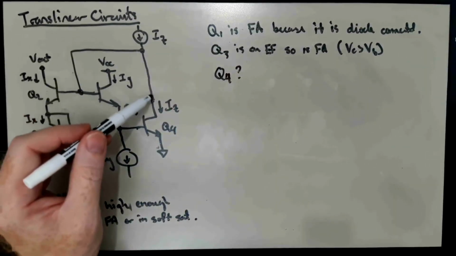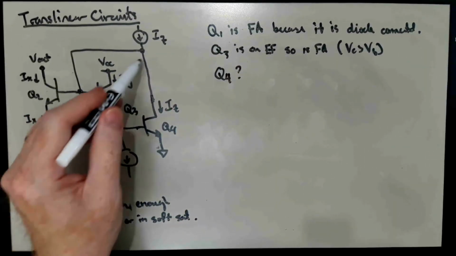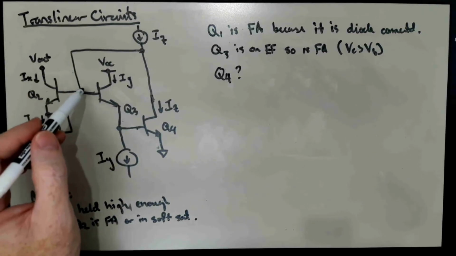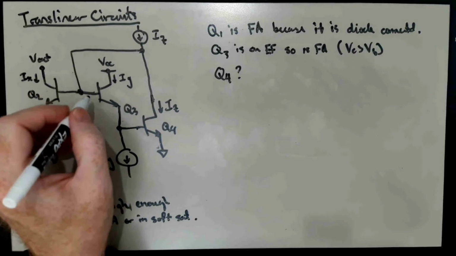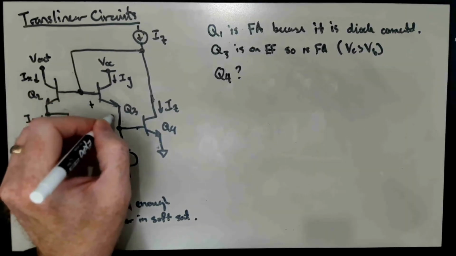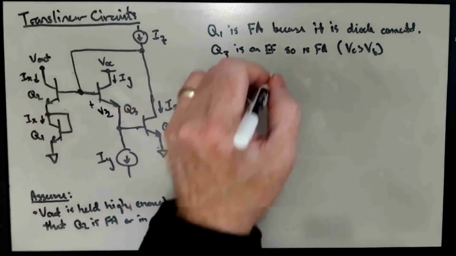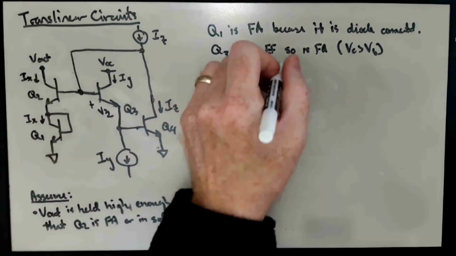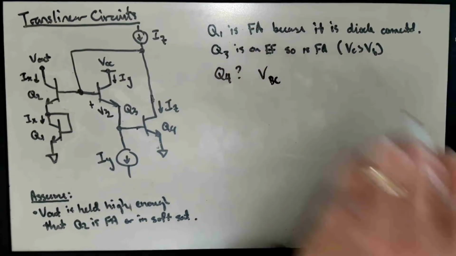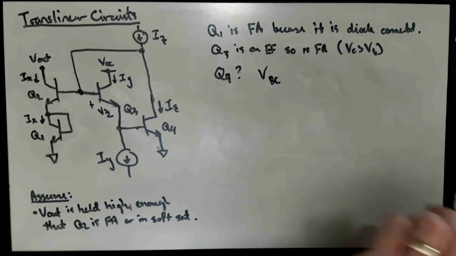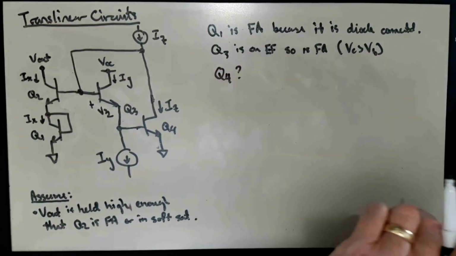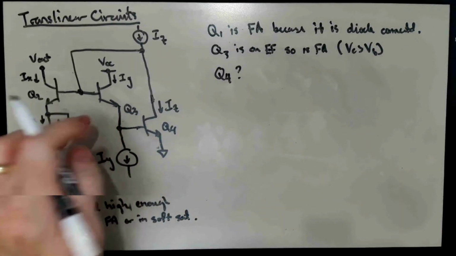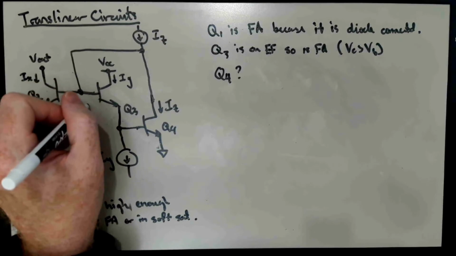Well, the collector voltage, because of the way we've connected this, is also the base voltage of Q3, right? So V3, so VBC, now let's say VCB, no, let's say, how do I want to label this?